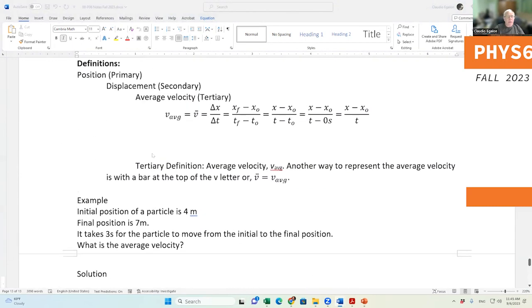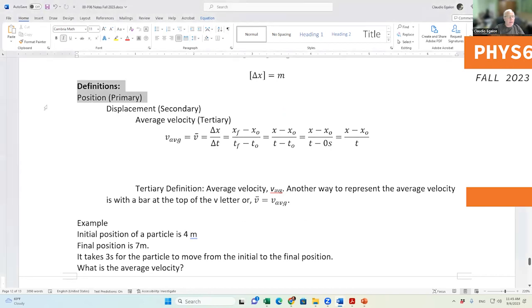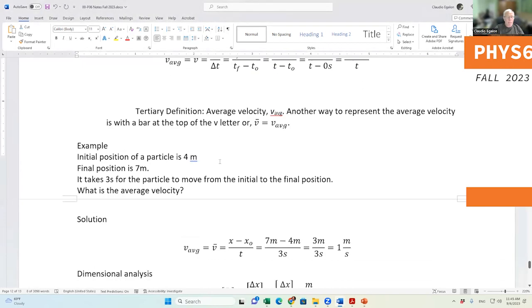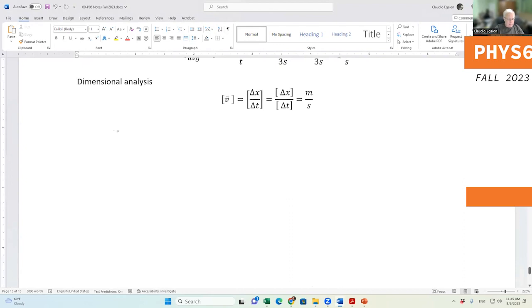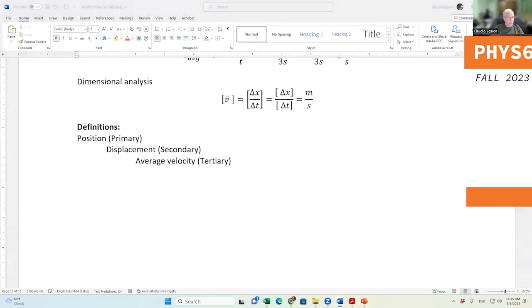But then we have something else. Let's go ahead and copy and paste that. That's related to the average velocity. This something else is called the instantaneous velocity.